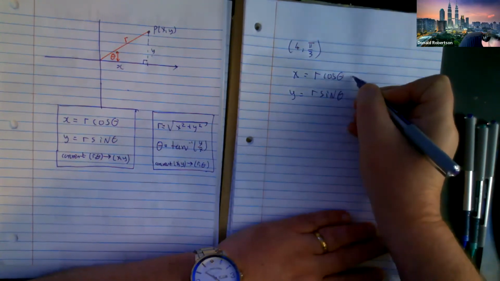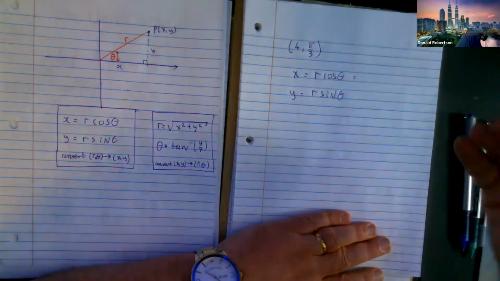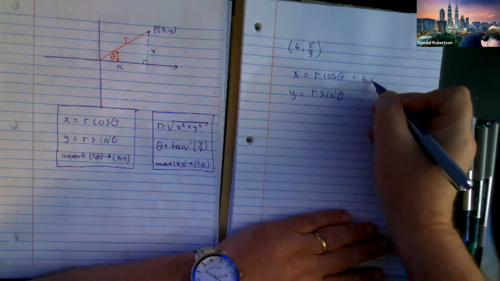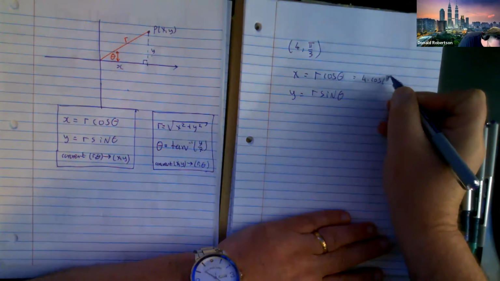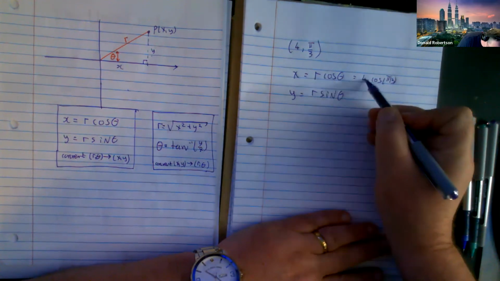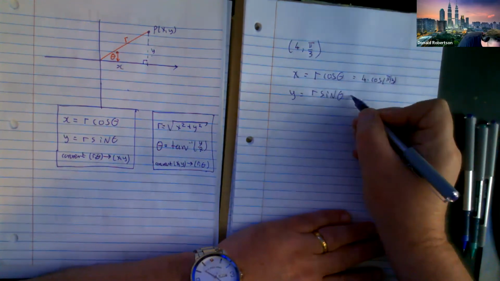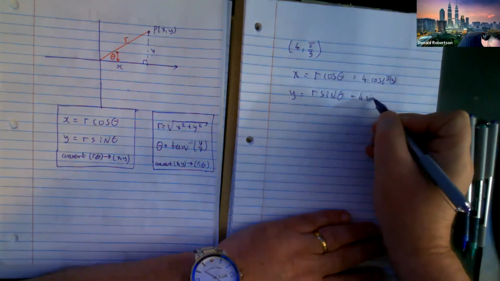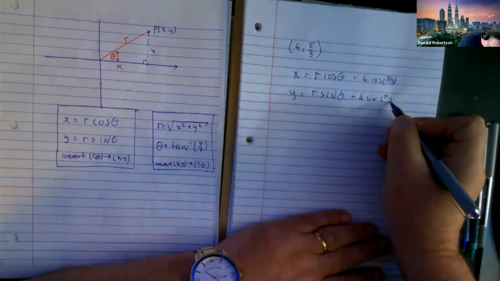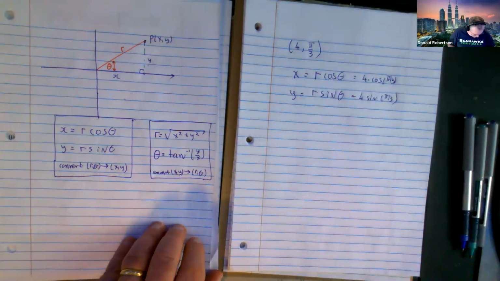And you don't even need to know what quadrant it's in or anything. You simply do r, which is 4, times the cosine of the angle, and 4 times the sine of the angle.